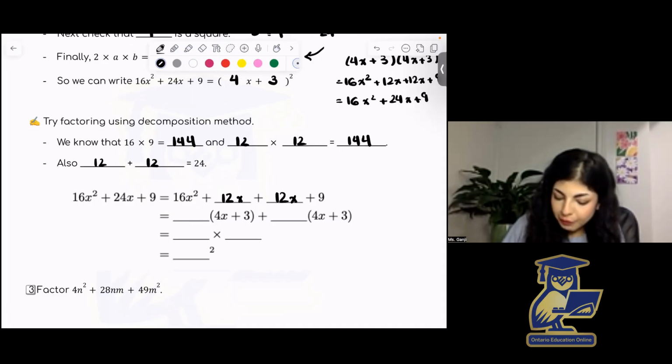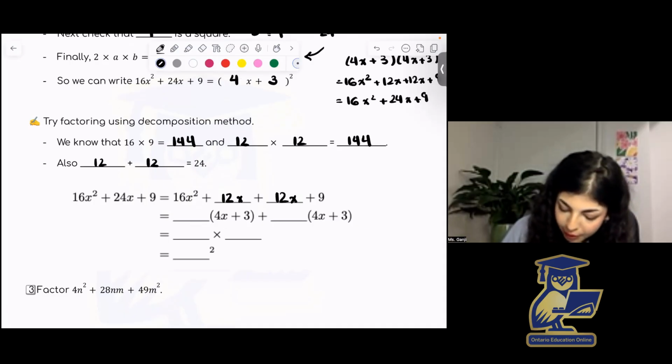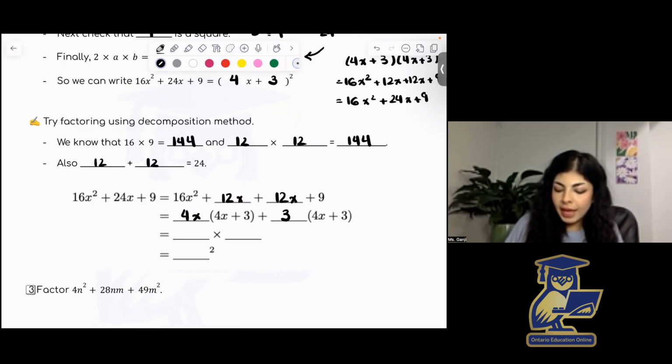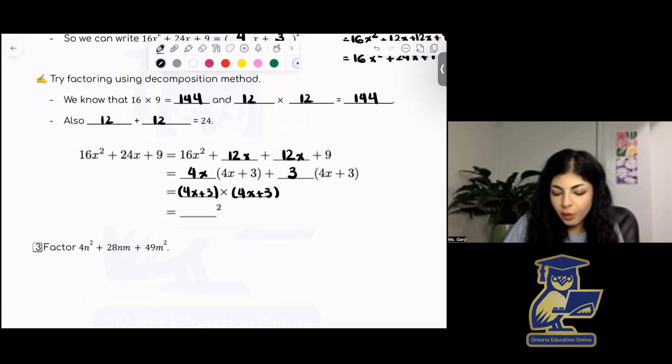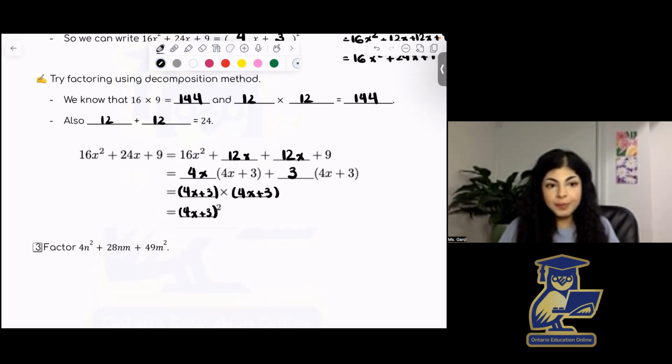And if we factor from here, we will have a 4x and a 3 here. And again, if we factor out that 4x plus 3, which is common, we get 4x plus 3, or in other words, 4x plus 3 squared.